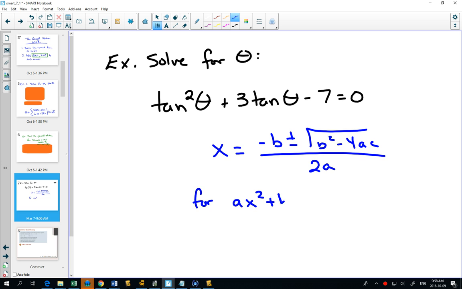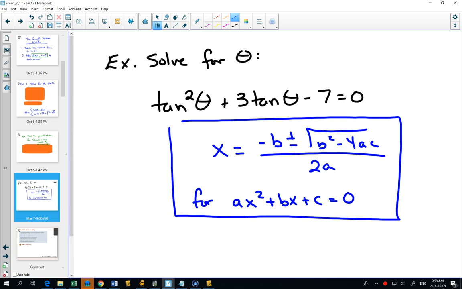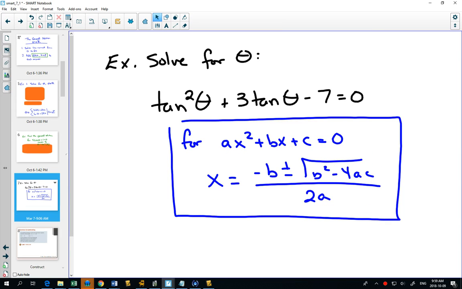And that's for ax squared plus bx plus c equals 0. There's your quadratic formula. Yes, it says for ax squared plus bx plus c equals 0. Now it's just like your formula sheet.